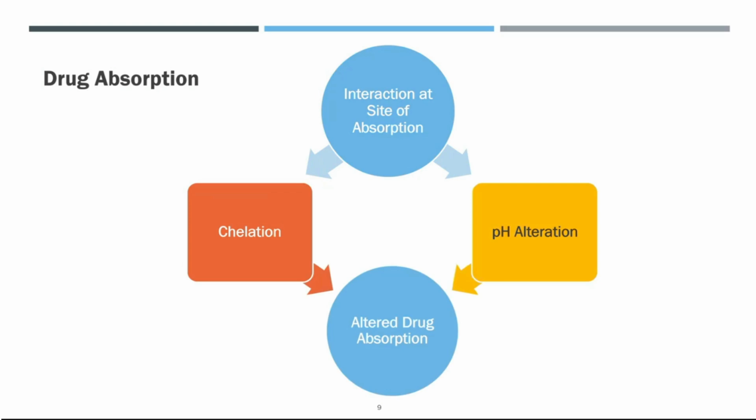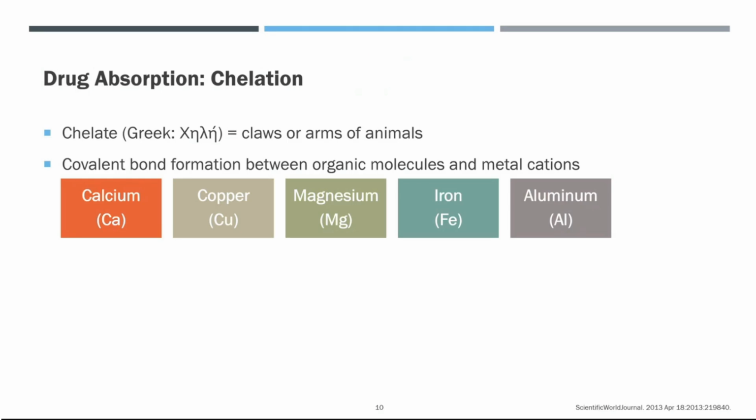Let's talk about chelation first. The word chelate means claws or arms of an animal in Greek. What that means is it's a formation of a strong covalent bond between organic molecules, or in this case drugs, and metallic cations. Some of the common ones that we encounter are calcium, copper, magnesium, iron, and aluminum.